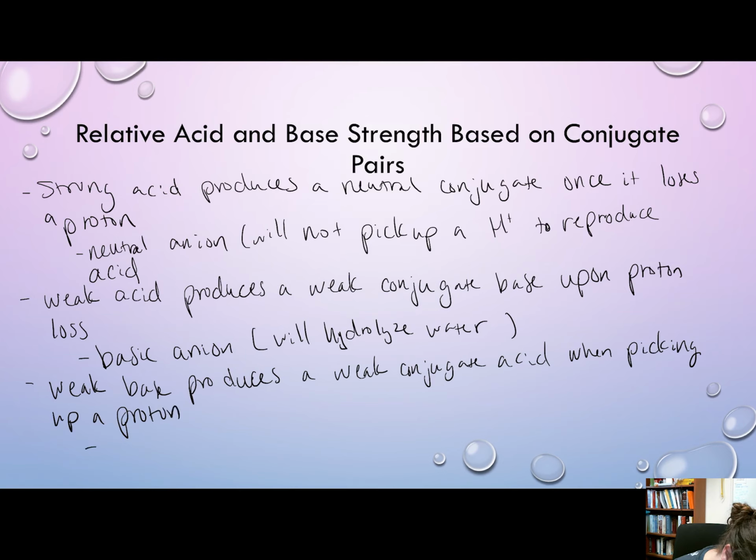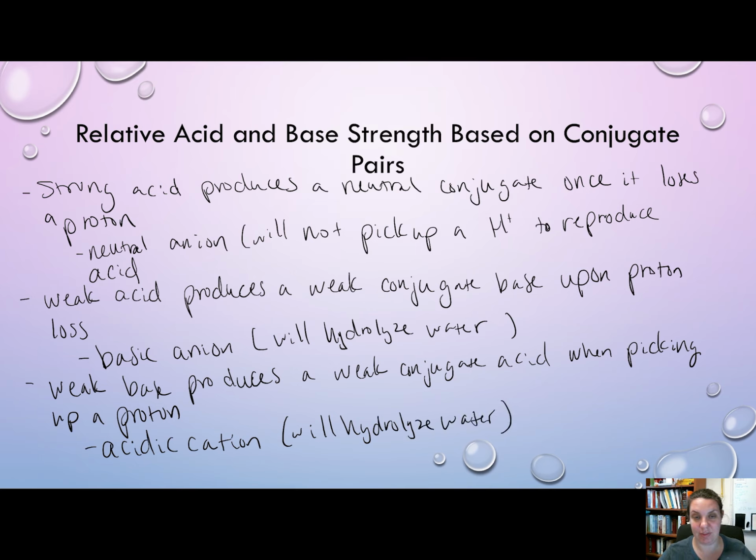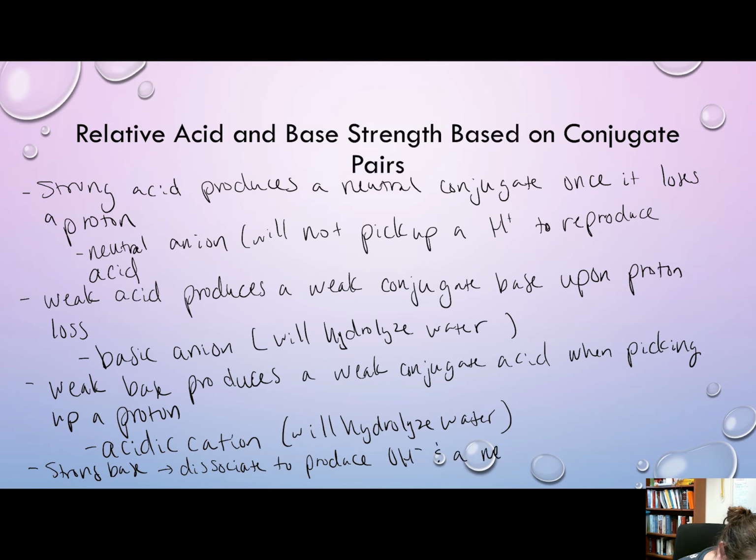And this, we call an acidic cation. So it will hydrolyze water. Okay. And then, of course, if we have a strong base, it's going to dissociate to produce hydroxide and a neutral cation.